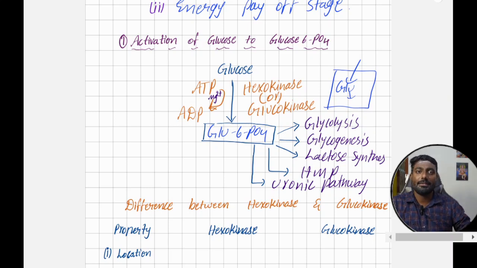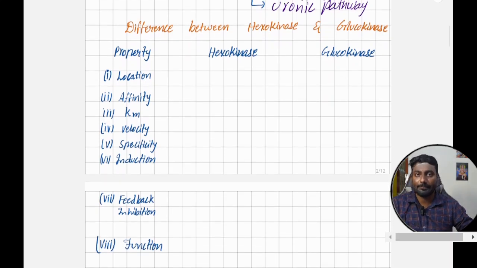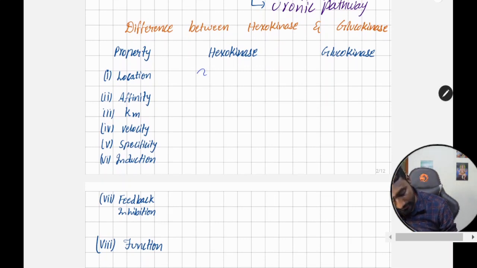So basically, if we see the properties of hexokinase and glucokinase, they differ in these things. One is the location. Hexokinase is present in all cells, whereas glucokinase is present only in the liver and beta cells of the pancreas.